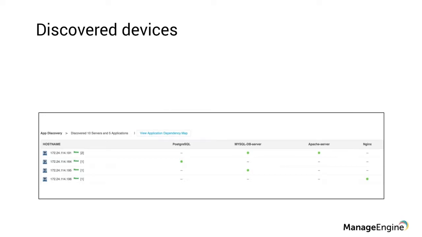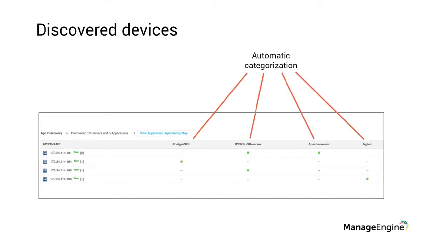The important point to note here is that Applications Manager not just discovers these applications in your network, but it also automatically categorizes these devices based on the monitor type. So imagine if you were to discover a huge range of IP addresses. This example I've used here shows just 5 monitors, but when you scale it to maybe 500 monitors, you will see the broader sense in this automatic categorization.